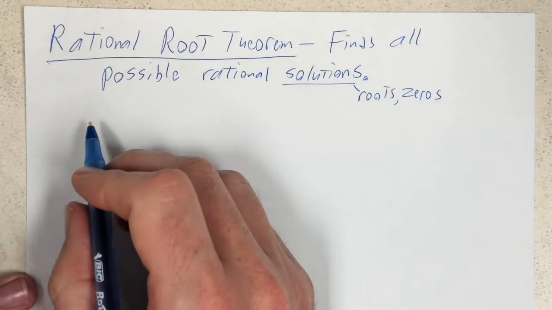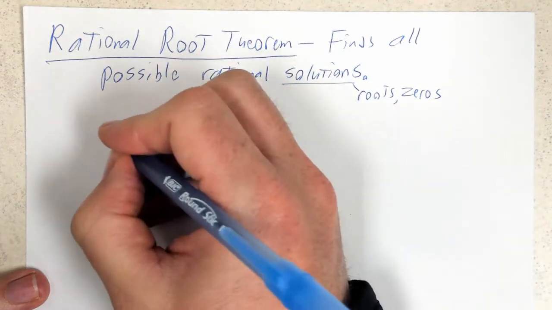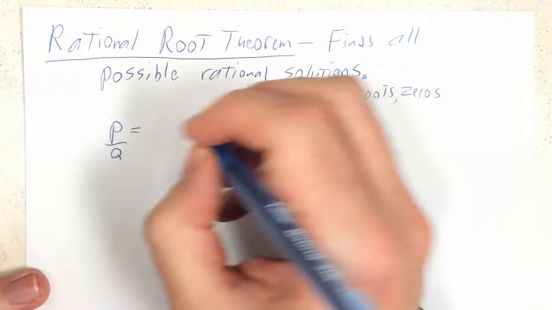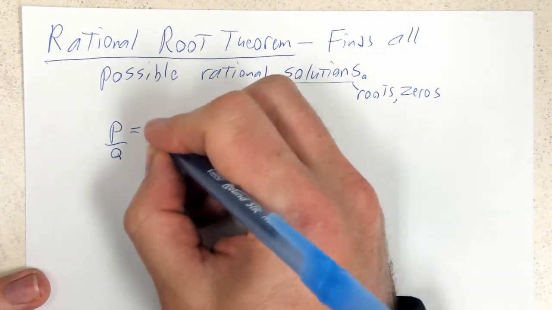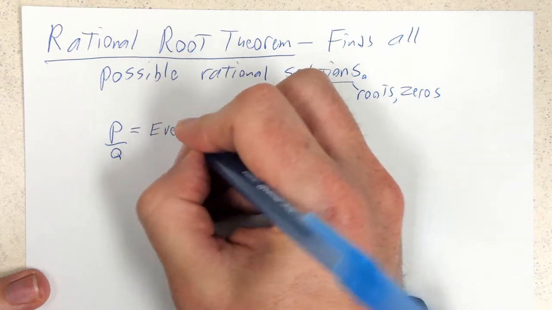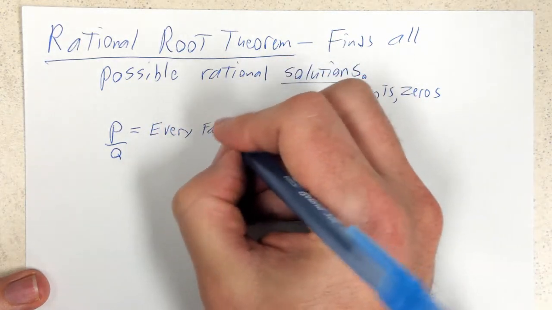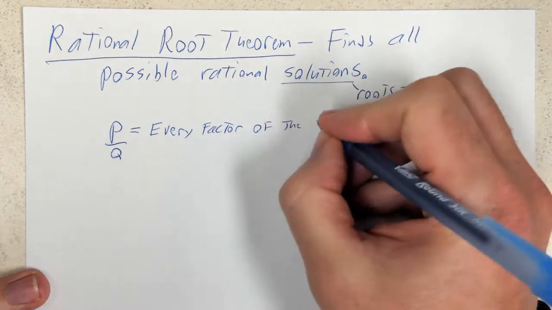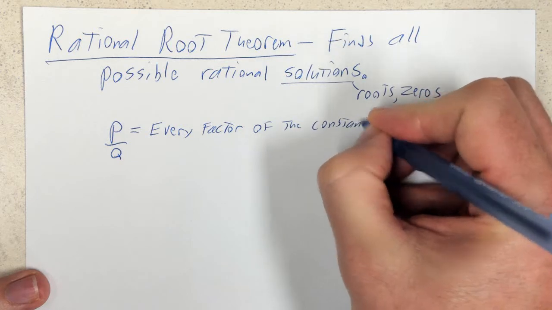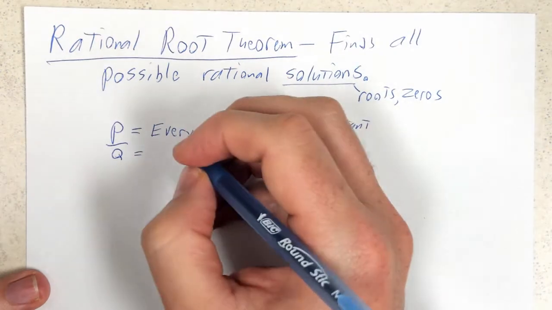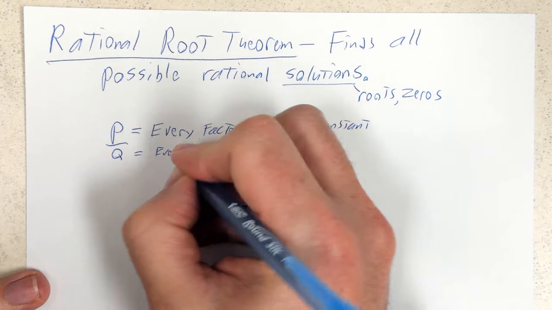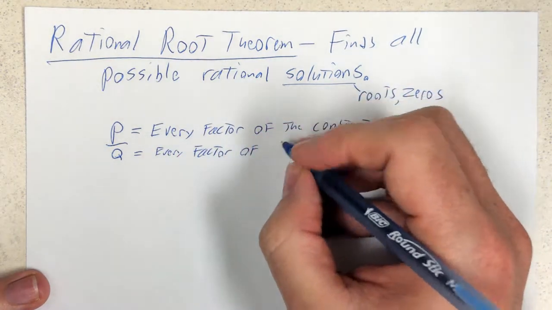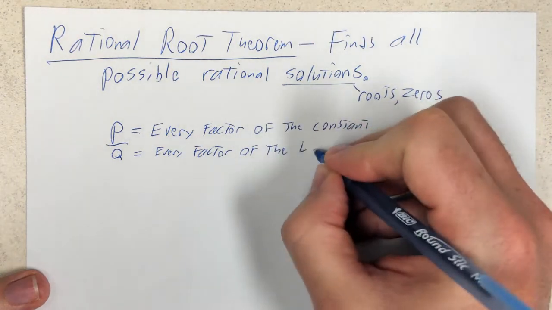Okay, and what it actually is, is P divided by Q, where P is every factor of the constant, and Q is every factor of the leading coefficient.